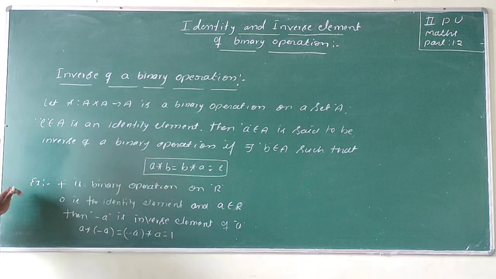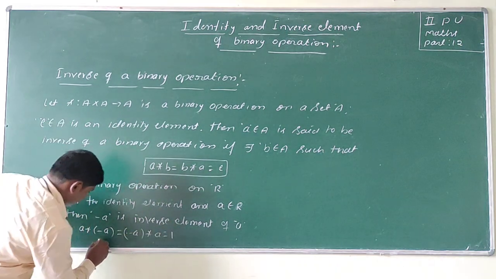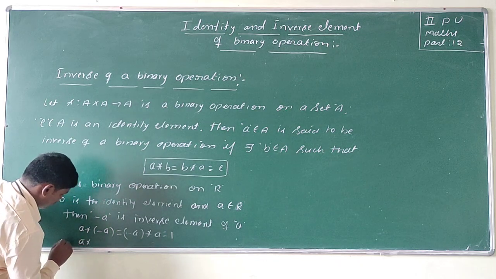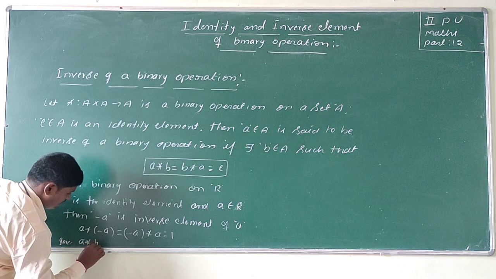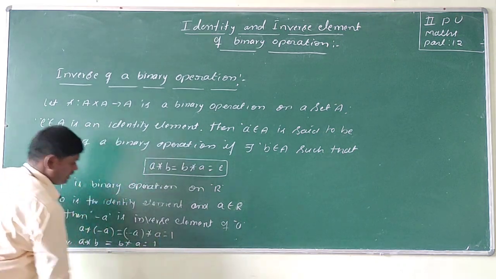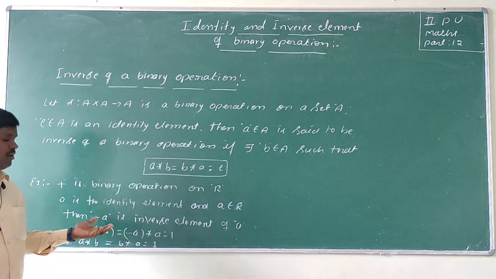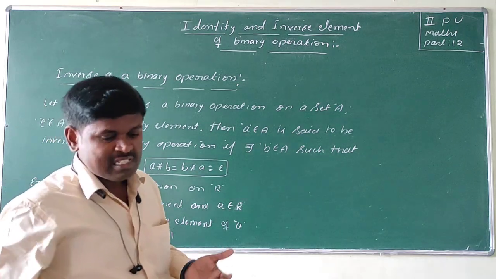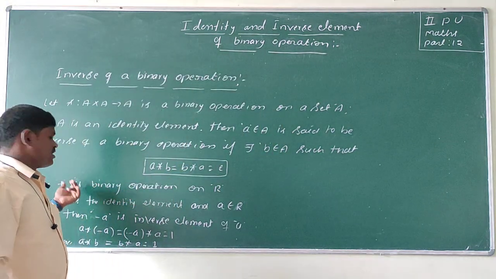That means this satisfies the condition a star b is equal to b star a is equal to 0, the identity element. So minus a is the inverse element of a with respect to addition.